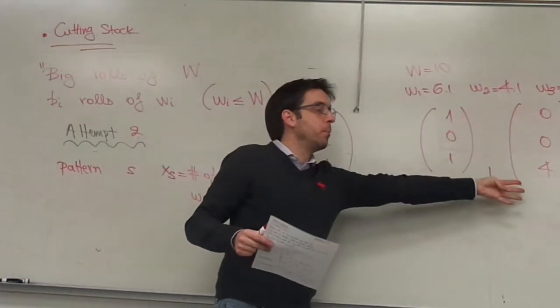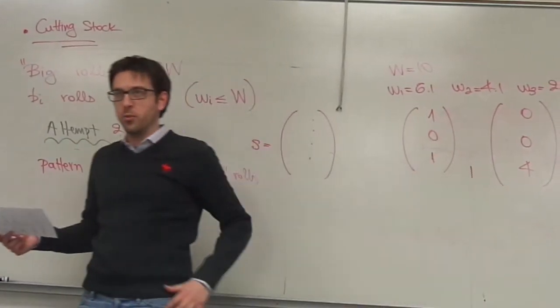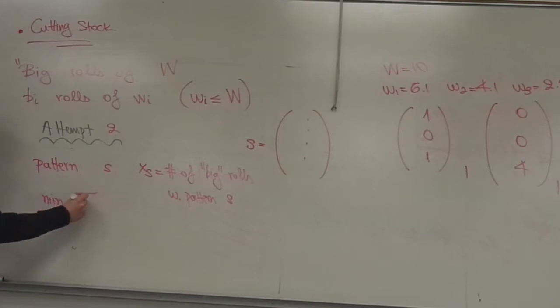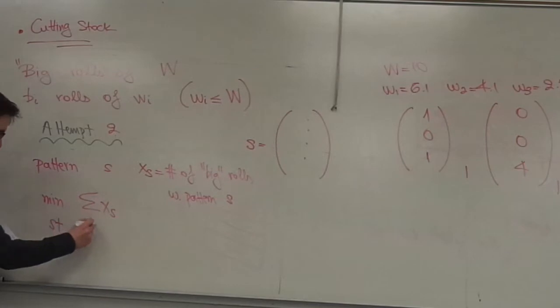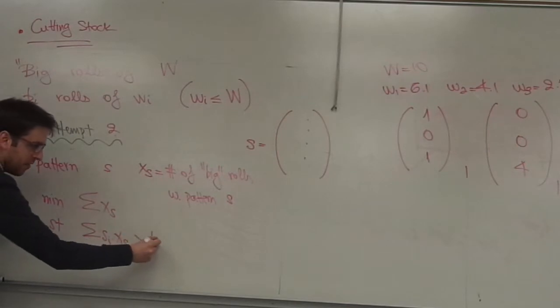If I cut 4 big rows with pattern 2, that means that I satisfy 16 of customer 3. Make sense? So then, what do I want to do? I want to minimize the patterns I use such that I satisfy every customer.